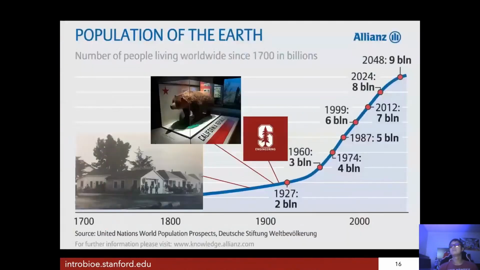Well, let's think about what's going on a little bit more systematically from an engineer's perspective, from a bioengineer's perspective. So here's a representation of the population of Homo sapiens on Earth. By the way, this slide, which I'm borrowing from a corporation, says population of the Earth. We Homo sapiens love Homo sapiens so much that we don't even bother to say population of humans on the Earth.